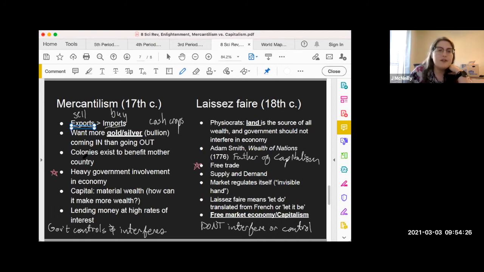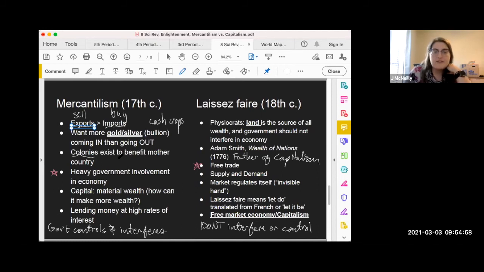Now, even though the people in the colonies are the ones manufacturing all of this wealth, growing these crops and mining this bullion, do the natives or the people living in the New World get any of the profit from that work? No, because remember, under mercantilism, the colonies exist to benefit the mother country. So that bullion goes to Spain, the cash crops go to Spain or to England, okay, or to France, like if it's the fur trade.